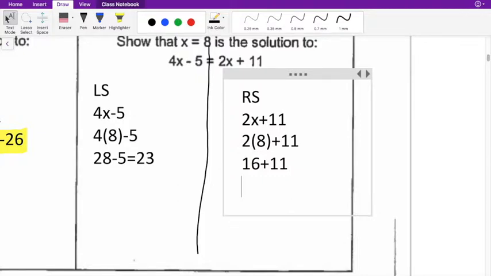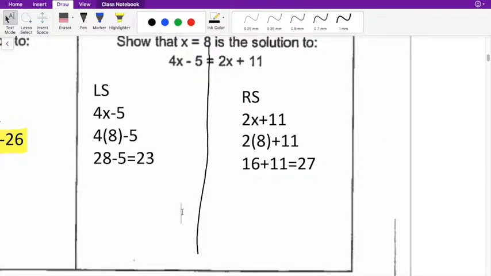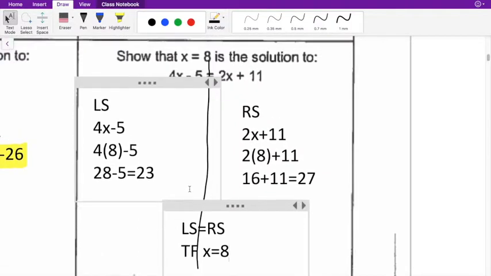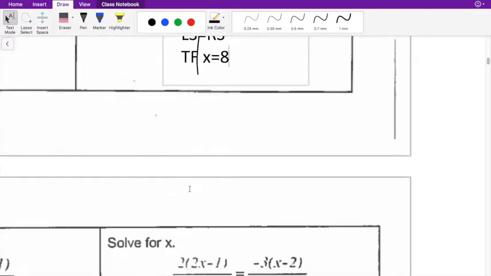So our answer is going to be, let's press equal and let the computer do it, 27. So therefore, left side equals right side. Therefore, x is equaling 8. All right, so let's go down to the next question.